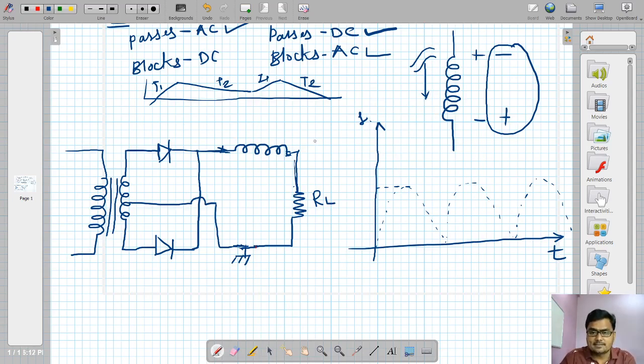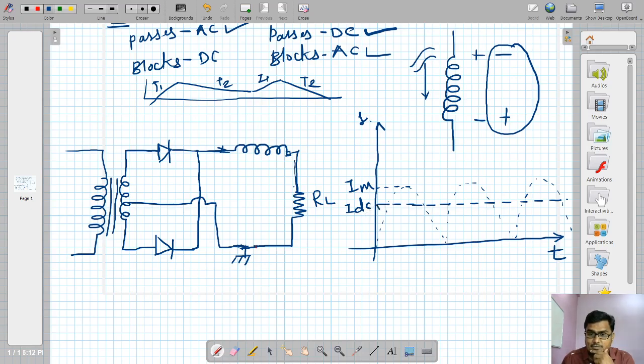Now, if current is on the y-axis, this is the maximum current, I will write Im. If this is the maximum current, then somewhere here there is an average current, meaning DC current. Everything is approximate. I will write here I DC. Then what will the output voltage be?